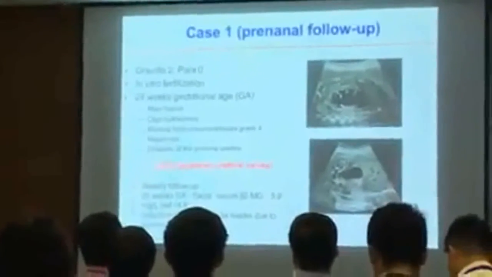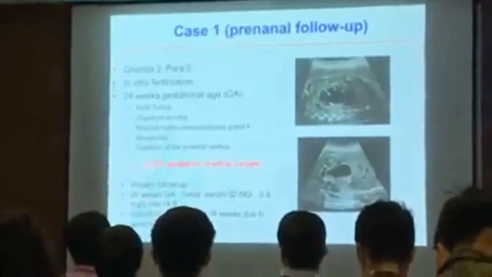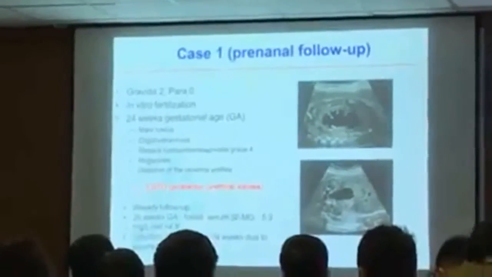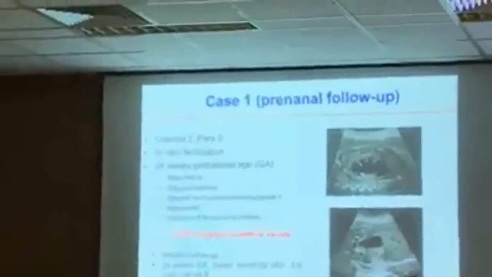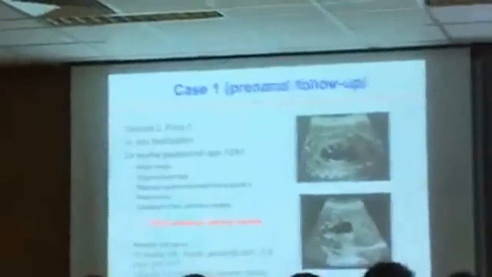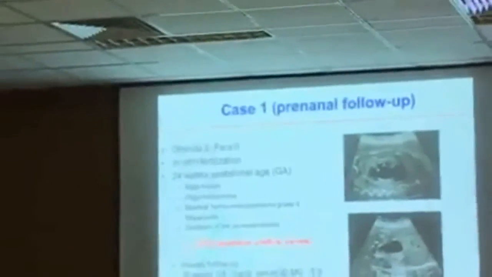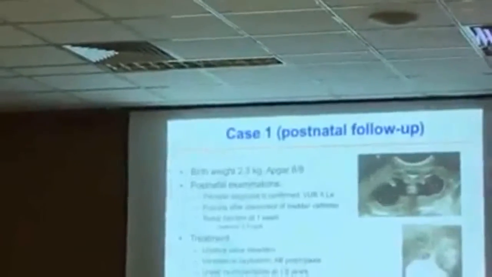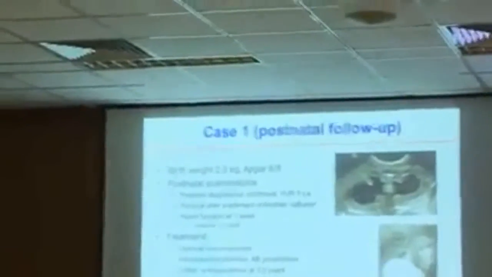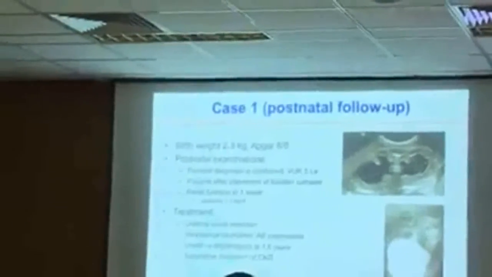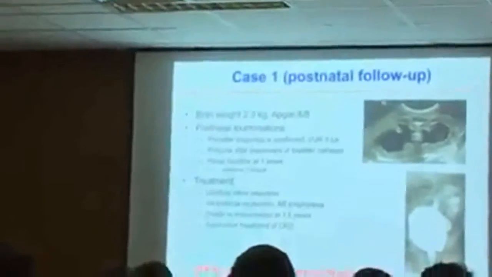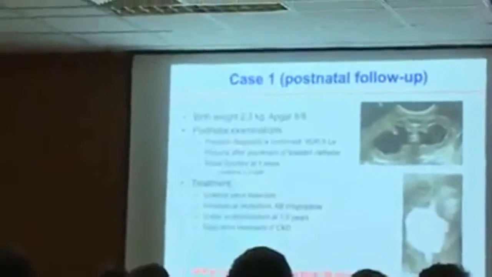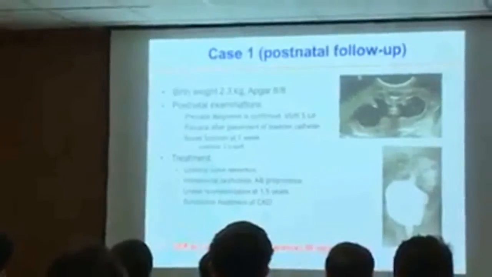So we did weekly follow-up, and at 26 weeks fetal serum was checked, and induction delivered at 34 weeks due to severe oligohydramnios. The birth weight is 2.3 kilo, Apgar 8 to 8. Postnatal examination confirmed the prenatal diagnosis.